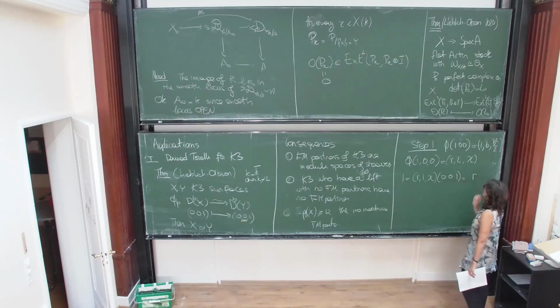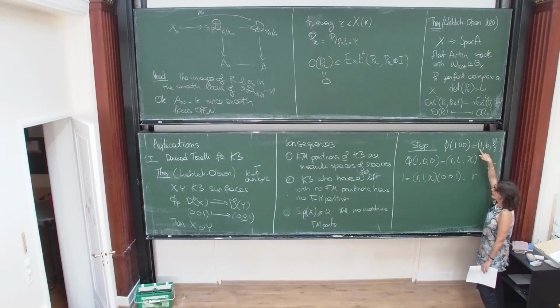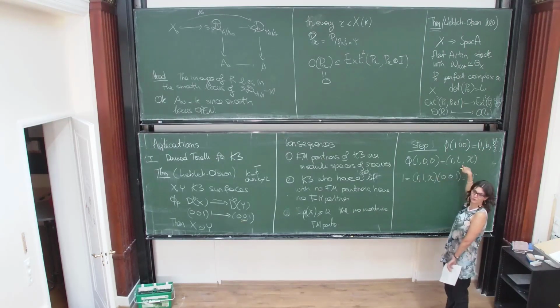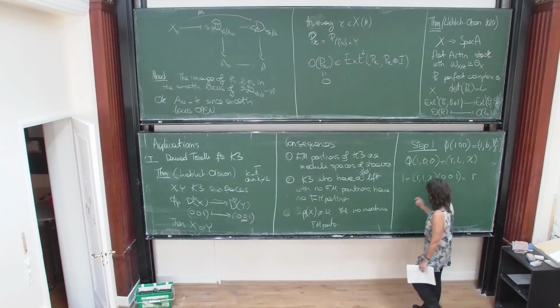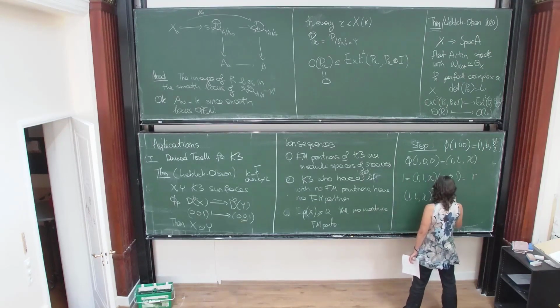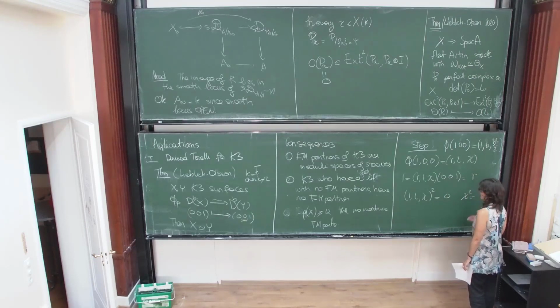And this is exactly r. So r is 1. Then this is isotropic, so also this has to be isotropic. And so I have that (1, L, chi) squared is 0.